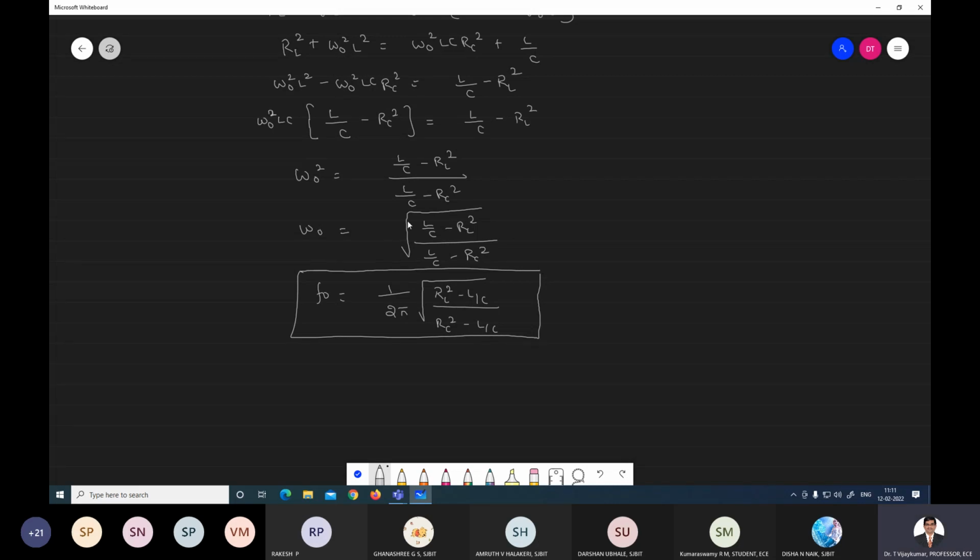Here it will come 1 by LC. I forgot to write here 1 by LC.